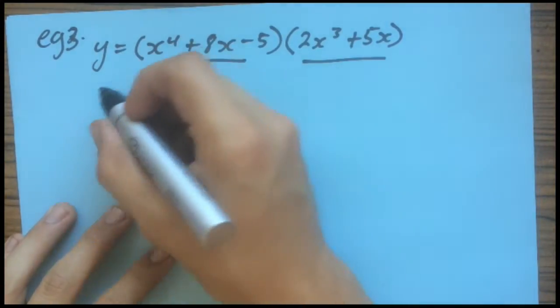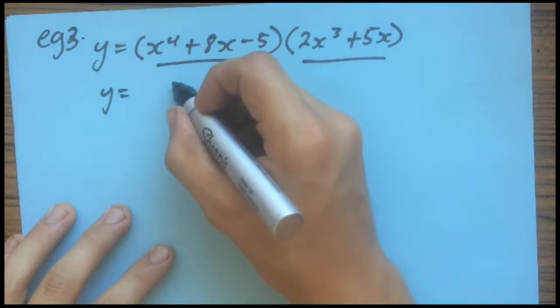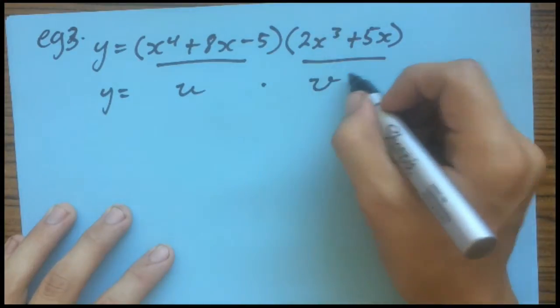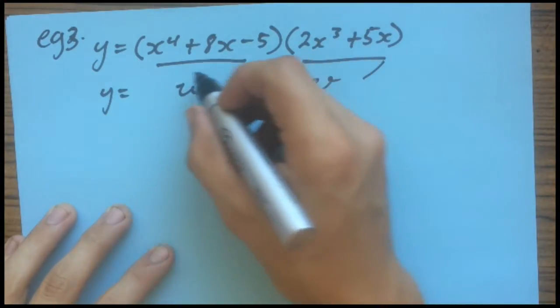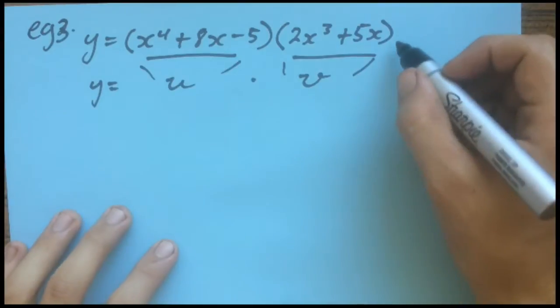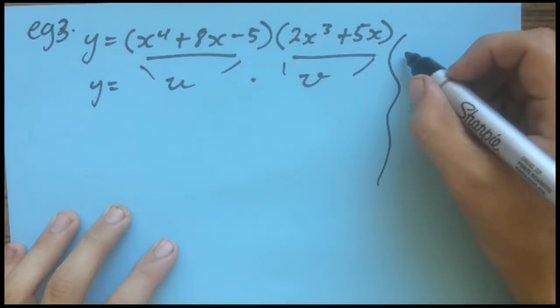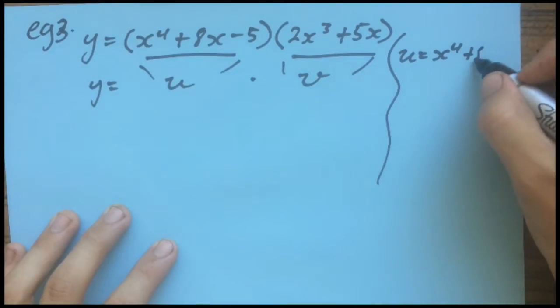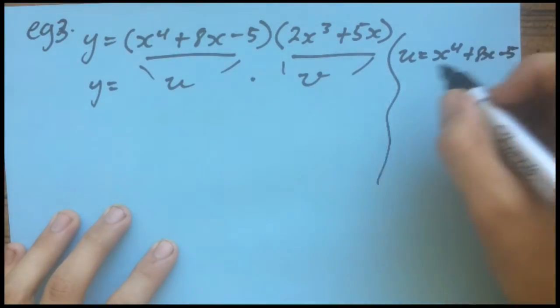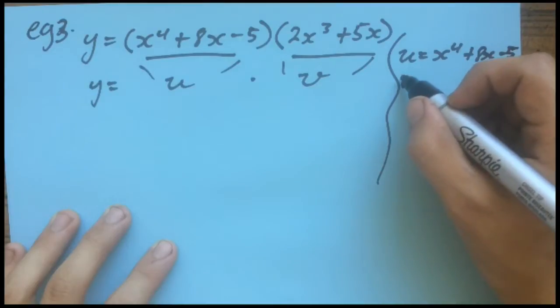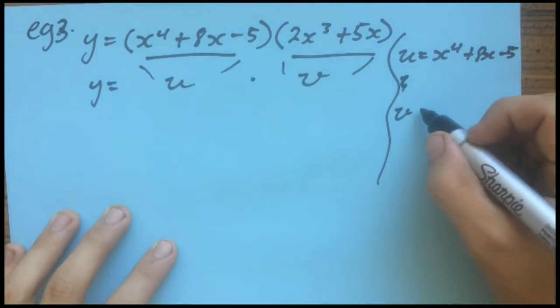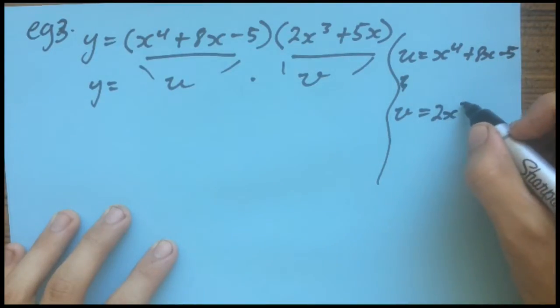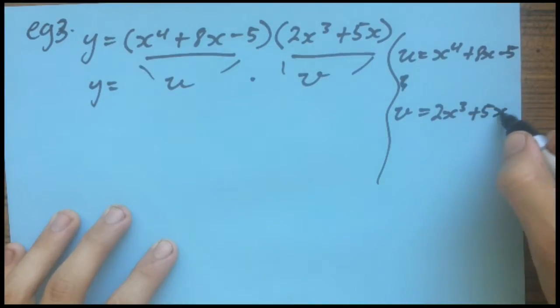If you want to rewrite it, u multiplied by v, signify which is which, but again, write it over in the corner. u equals x to the power of 4 plus 8x take 5, running out of room here, and v equals 2x to the power of 3 plus 5x.